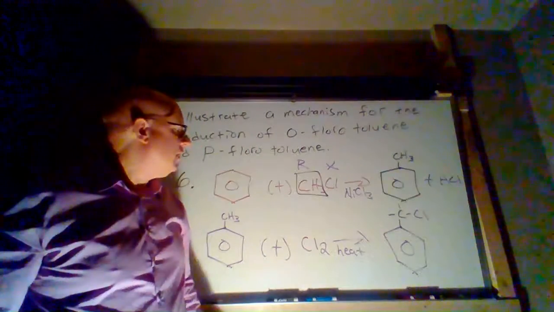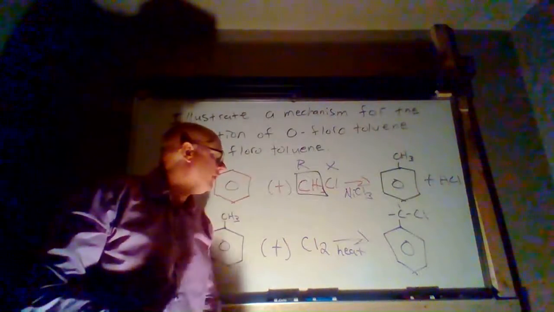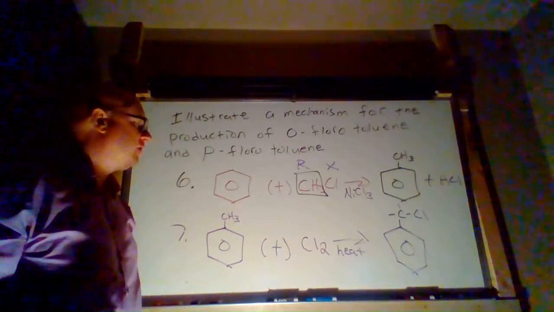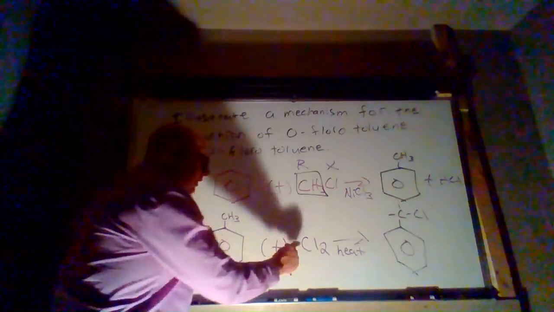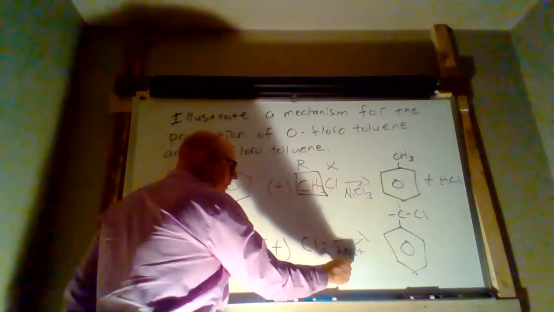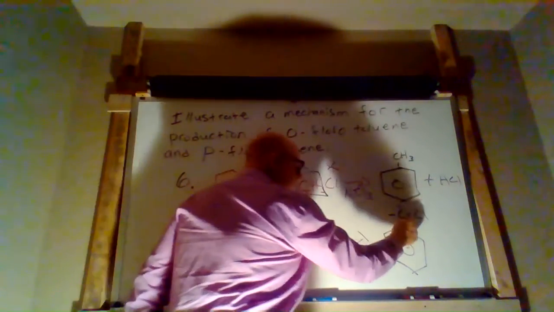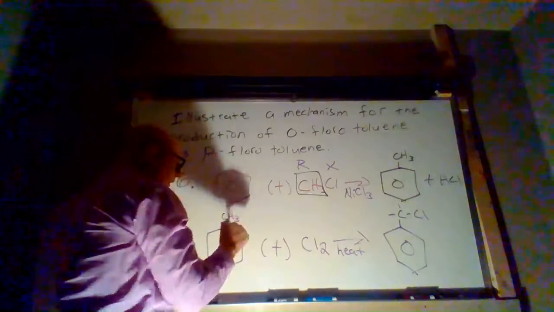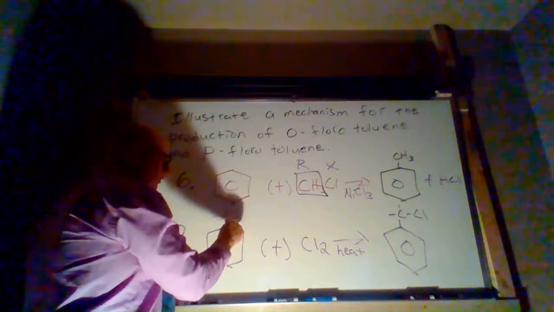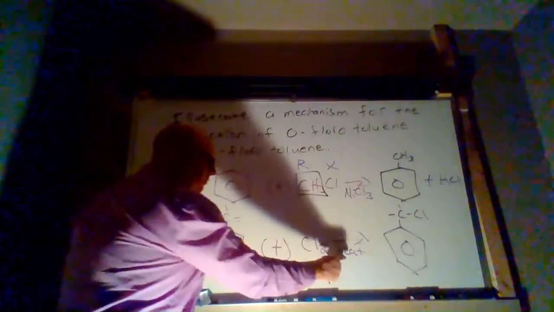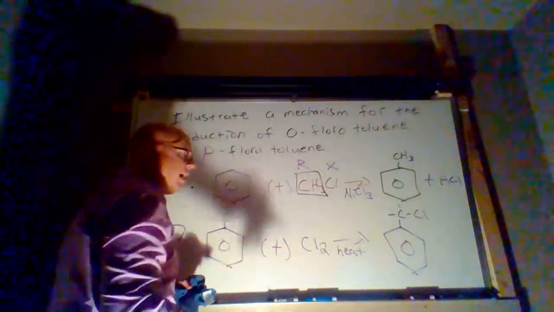And there again, this is just another type of, you could say a substitution as well, because what we see happening is one of these chlorines attached onto here because of heat. Then this used to be a hydrogen on here, because remember we had CH3. That is now a Cl group, and that's because of heat rather than a metal halide.